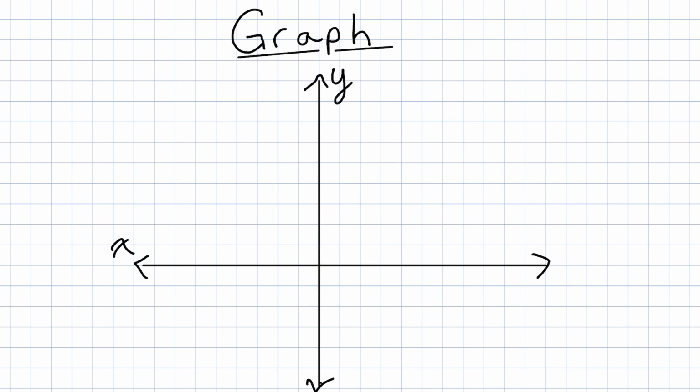So if we look at our 5 points we've been looking at so far, the first point is -1, 1. So from the origin, I'm going to move left 1, up 1, and make a dot. There's my first point. The second point is 2, 0. So from the origin, I'm going to move right 2 units, and I'm not going to move up or down at all because 0 means don't move.